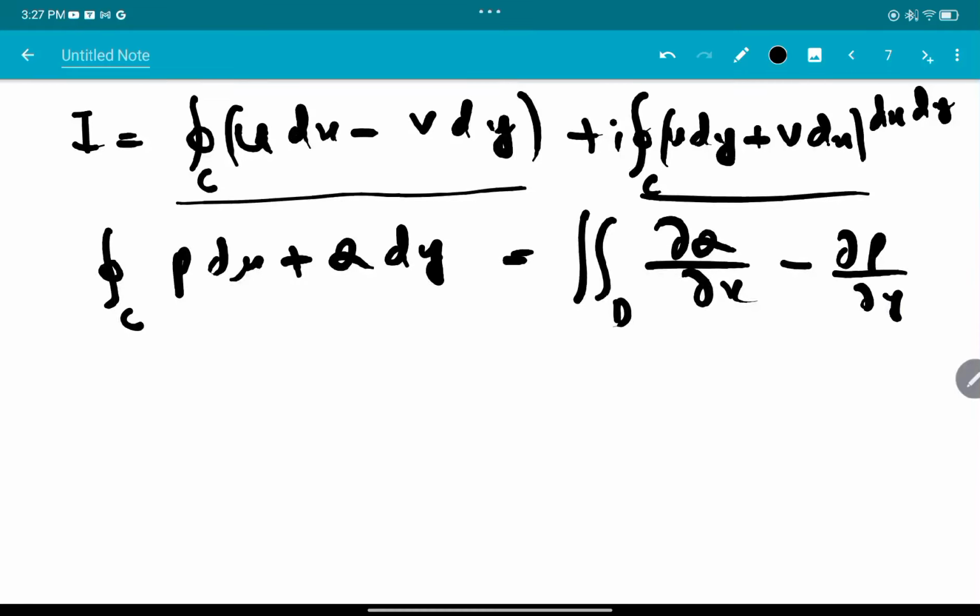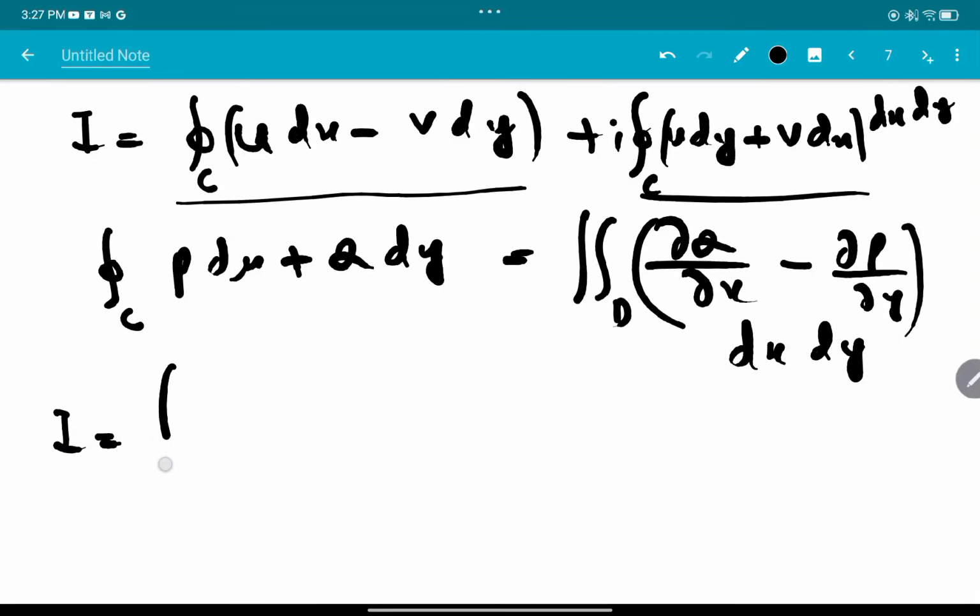You must have felt that this is basically a component of curl, and then we have dx dy.